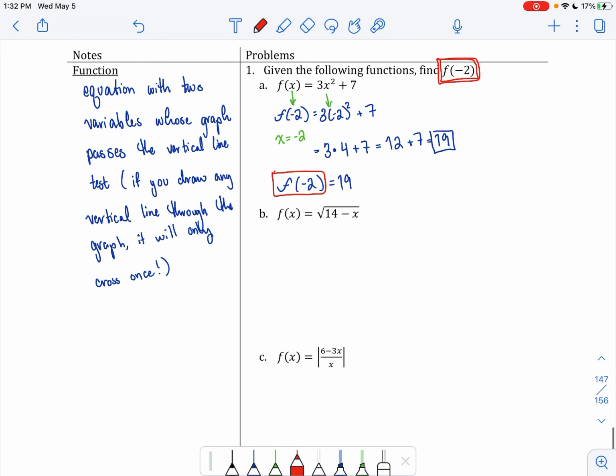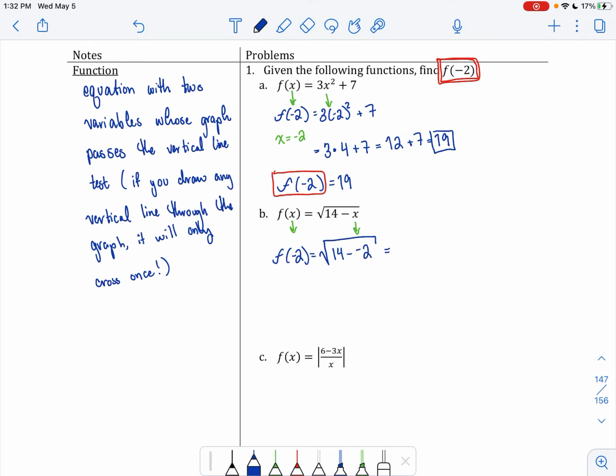Now, you're going to have a lot of different functions. So here, we've got f of x is equal to the square root of 14 minus x. We're still looking for f of -2, so we're going to change our x to -2 in both places. So f of -2 in this case is the square root of 14 minus -2.